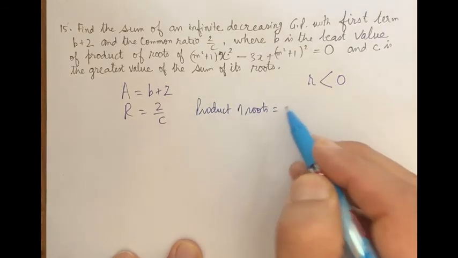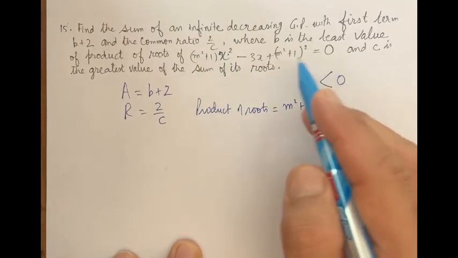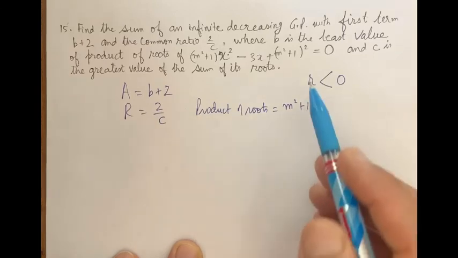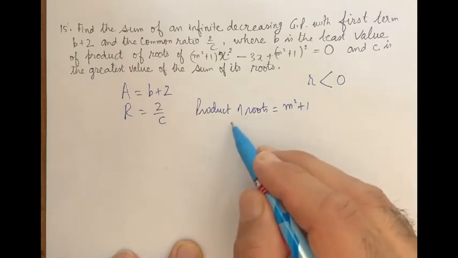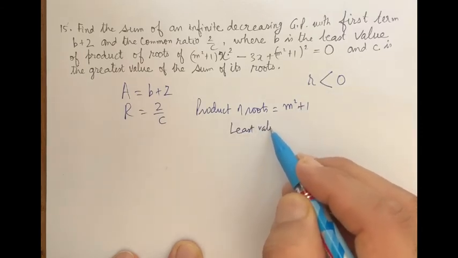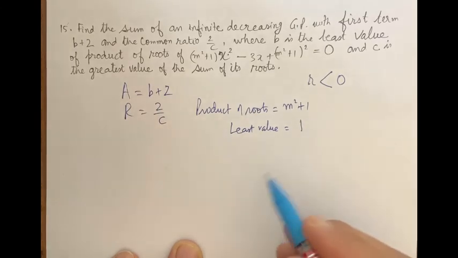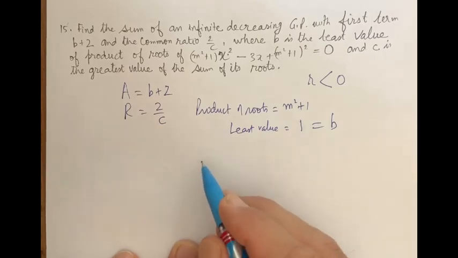Product of roots is this upon this. It's m square plus 1 whole square upon m square plus 1. This is m square plus 1. And what is b? B is least value of product of roots. So least value will be when m is 0, this will be 1. So this is b. B is least value of product of roots.